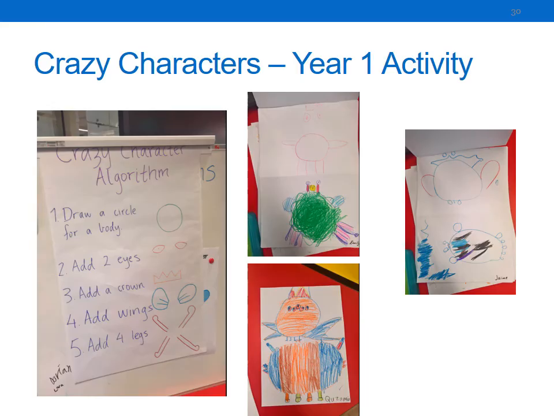Here's a year one example that I saw in a classroom. The teacher had designed a character and gave verbal and written instructions for the class to draw that character. So draw a circle for the body, add 2 eyes, add a crown, add wings, add 4 legs. The students all ended up with slightly different characters, so they as a class decided how they could make that algorithm clearer.